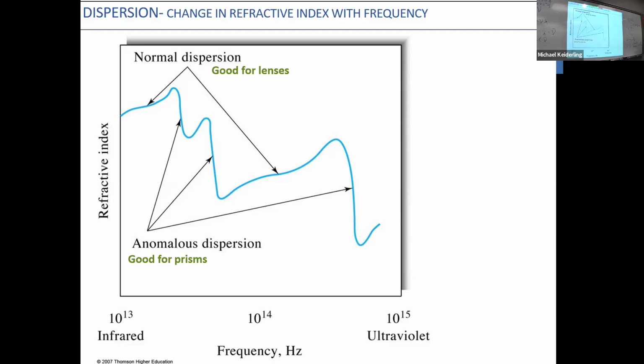It causes colors to spread out, and it makes a picture like that. So normal dispersion like this is good for lenses, and anomalous dispersion, where it's very steep, is good for prisms. And so you can choose your material and how it varies with wavelength to get your best effect for what you use for lenses and what you use for prisms.